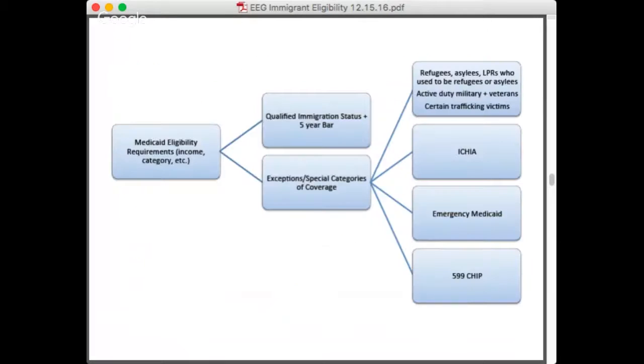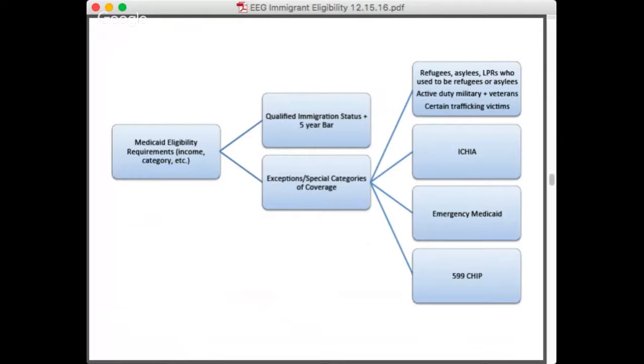So I made a little chart. I hope this is helpful. I like to think about this: if you are going through the Medicaid application process, this is sort of how it works. You'd have to meet, on the far left of your screen, Medicaid eligibility requirements that everybody has to meet. So you have to have the income requirements, fall into a certain category, etc. Then within those categories, you have to have a qualified immigration status, and potentially be subject to the 5-year bar.